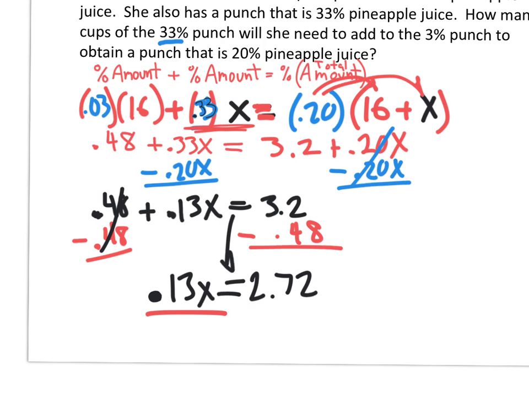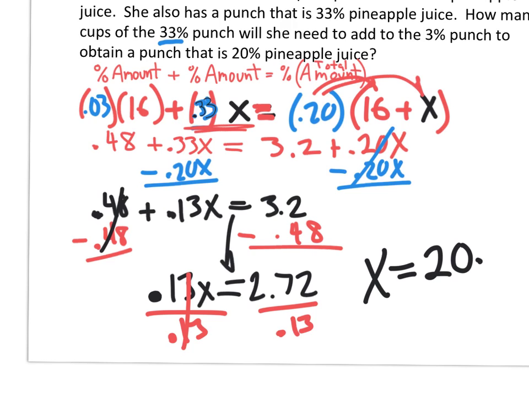So I'm going to divide by 0.13, so it'll cancel, divide by 0.13, and go ahead and do that on a calculator. 2.72 divided by 0.13, x equals 20.92. Okay, so I'm going to say that my x, since we're talking about cups, is about 21 cups.